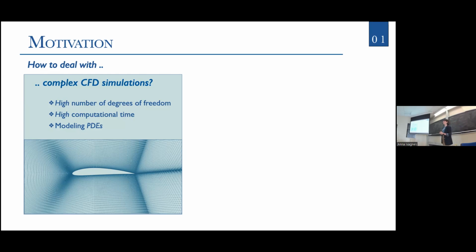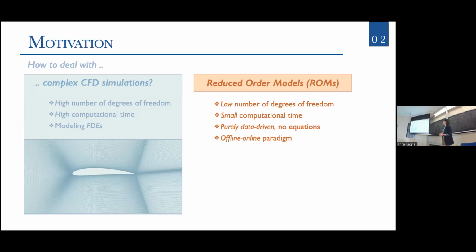Most of the time you will also have to model complex PDEs, the Navier-Stokes equations. And so you may want to reduce the computational effort and the complexity of your problem. In order to do so, you can rely on reduced-order models. I think most of the people here already know what reduced-order models are.